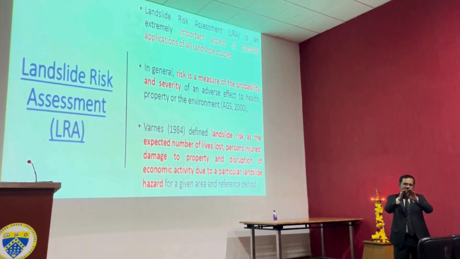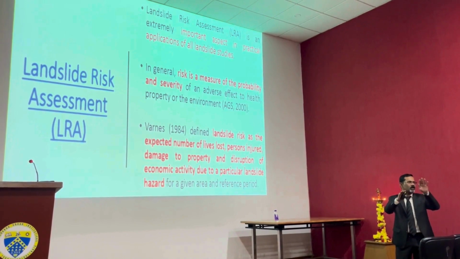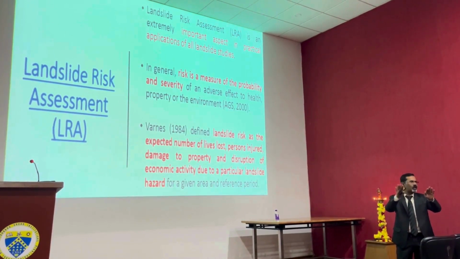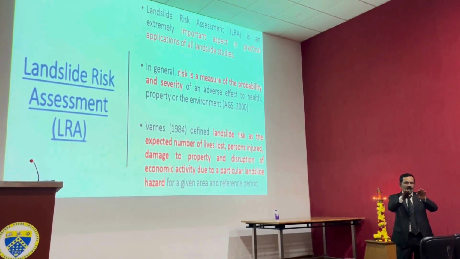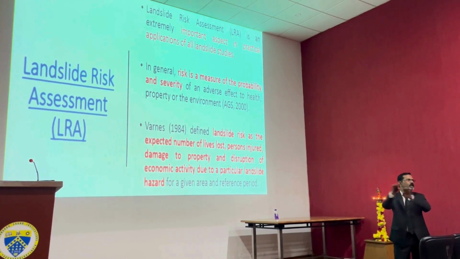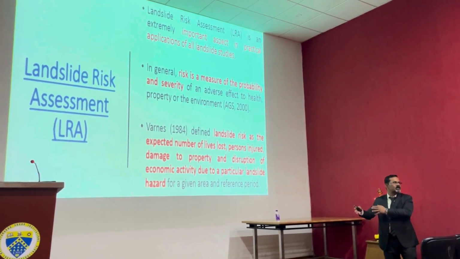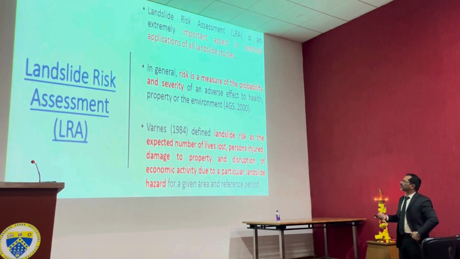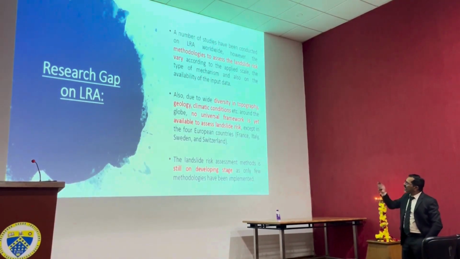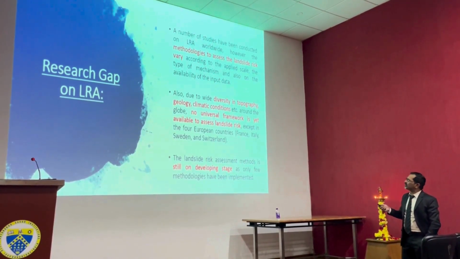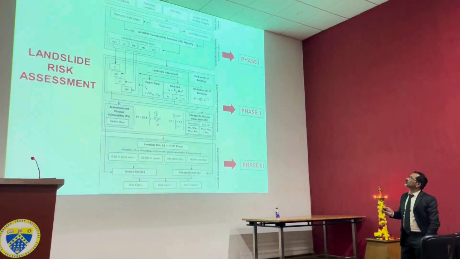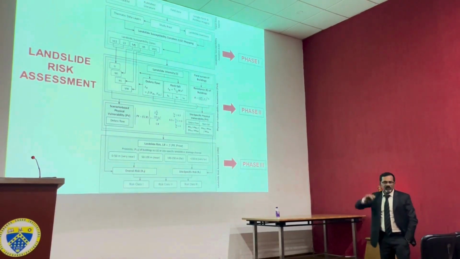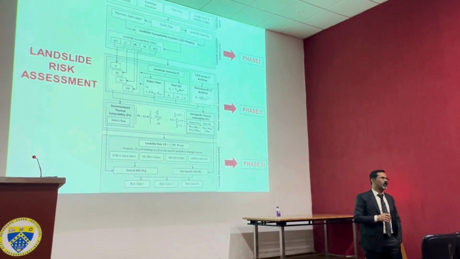Integrating these two, the severity of a hazard and the vulnerability of our infrastructure, will tell us what risk level we are living at. Okay? So there are certain issues we are going to resolve. This is the methodology we have developed.